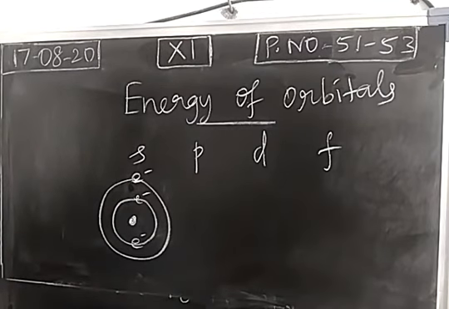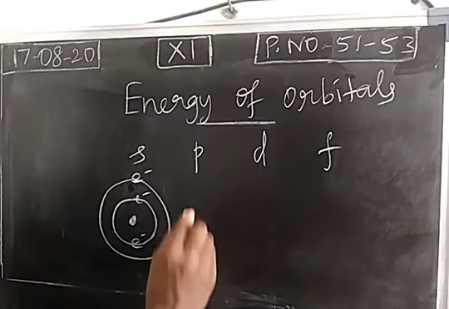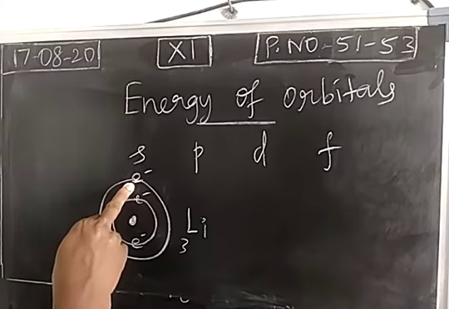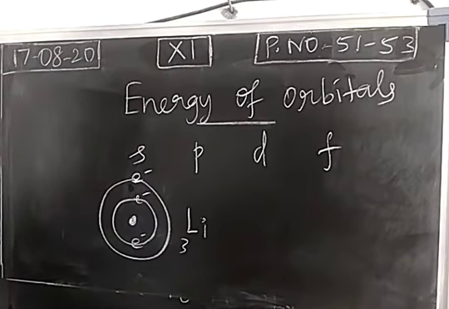Generally nuclear charge means, for neutral lithium with atomic number 3, 3 electrons are present outside the nucleus, so 3 protons will be in the nucleus. So nuclear charge means 3. But what about effective nuclear charge? The net nuclear charge experienced by this electron is called effective nuclear charge, right?